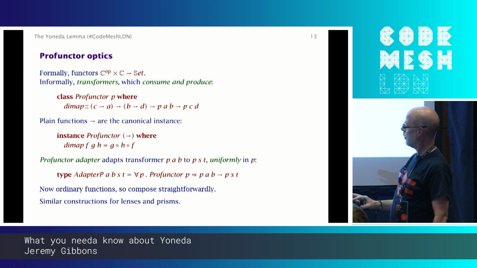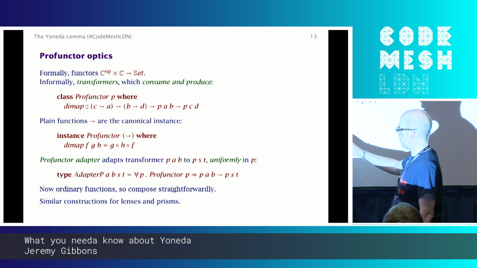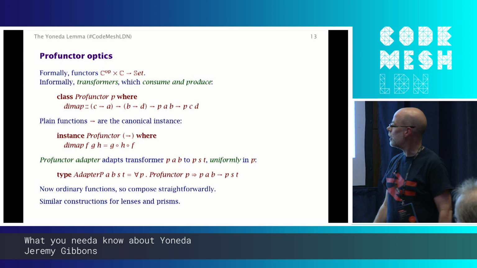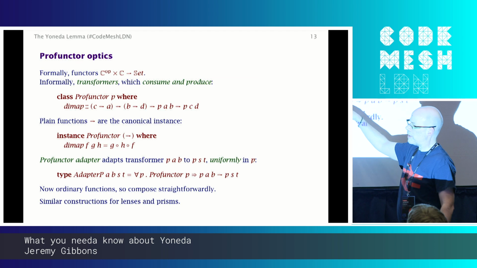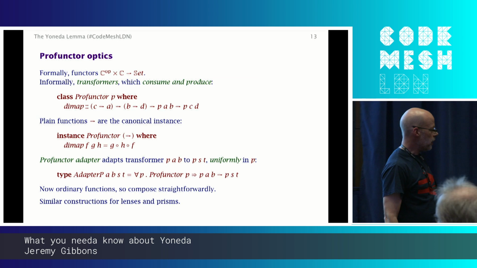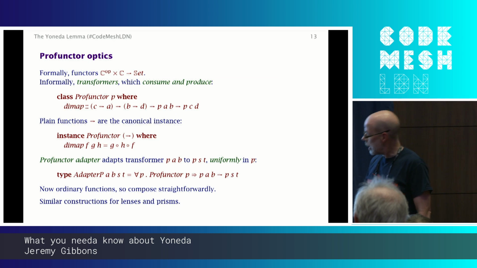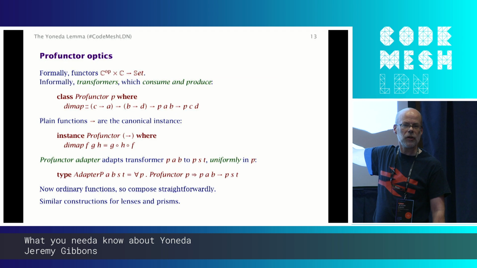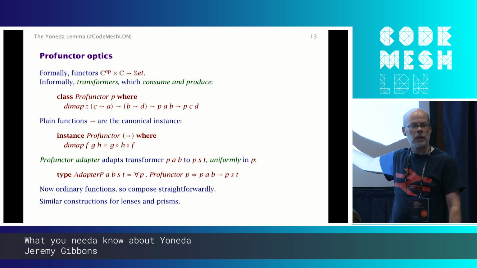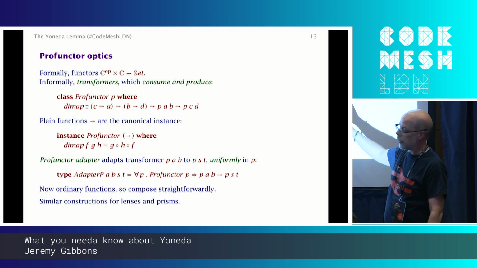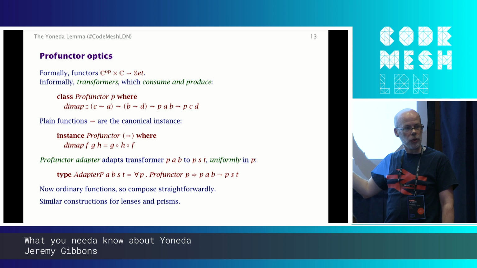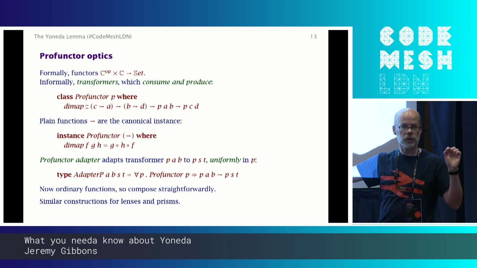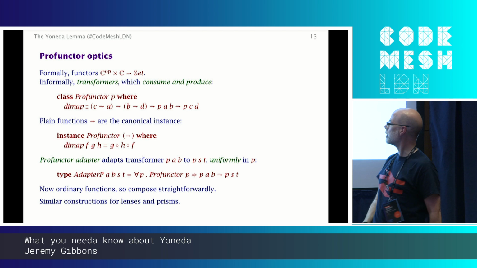And the remarkable thing is, two remarkable things. One is that the same works for lenses and for prisms. It's just a different type class constraint here. And the other is that now an adapter is just an ordinary function, a single ordinary function, not a pair of functions. And the profunctor representation of a lens is a single ordinary function, not a pair of functions. So they're just composed like single ordinary functions compose. They compose nicely.